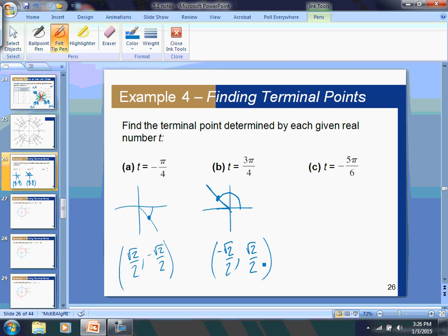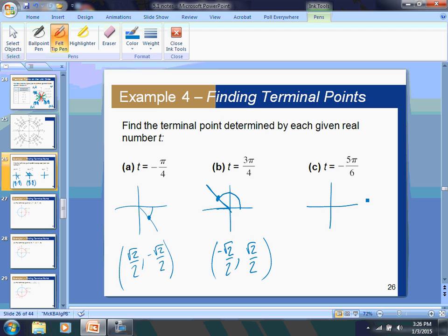So it really is that simple and that straightforward. Once you do that geometric and algebraic work to understand where those numbers come from, then you just remember the numbers. Okay? And then for part C, we've got a negative 5 pi over 6. Okay, now remember, pi over 6, that was 30 degrees. And we're moving 5 of them.